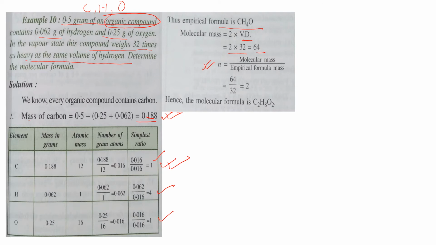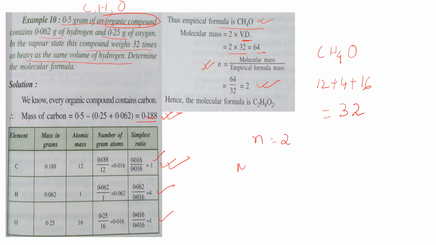The molecular mass we are getting is 64. Now for the empirical formula mass of CH4O, that is 12 plus 4 plus 16, we are getting 32. So 64 by 32, I am getting 2. So my n I am getting 2.